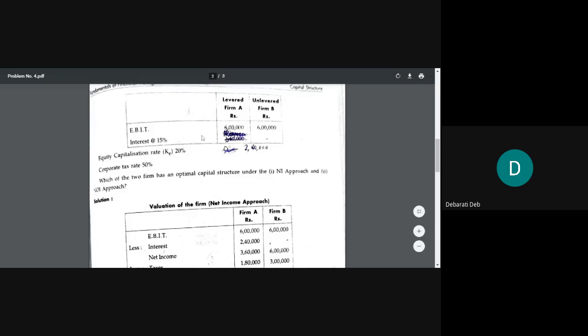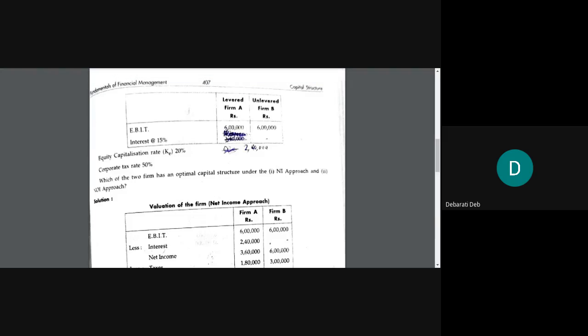With this information, we will calculate the value of the firm using NI and NOI approach. Then one more thing we have to determine: which of the two firms has an optimal capital structure under the NI approach and the NOI approach.